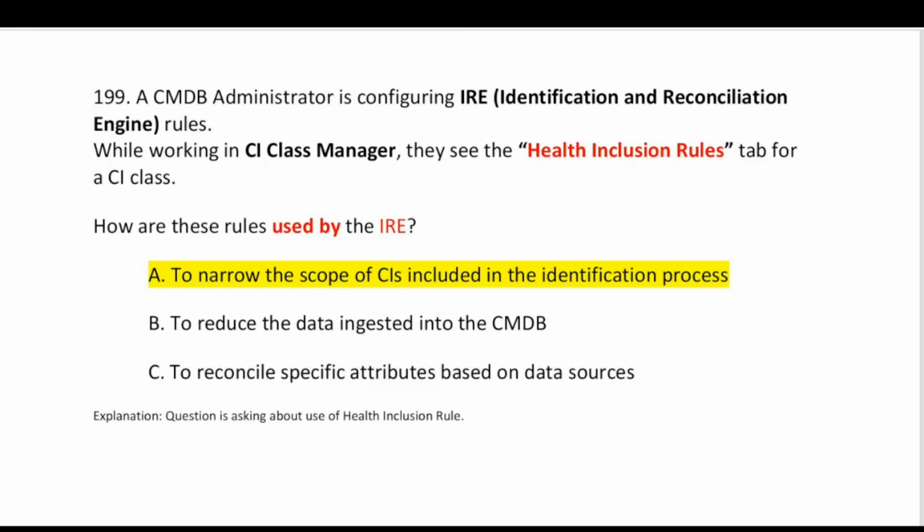Option A, to narrow the scope of CIs included in the identification process. Option B, to reduce the data ingested into the CMDB. Option C, to reconcile specific attributes based on the data sources. Correct answer is option A.